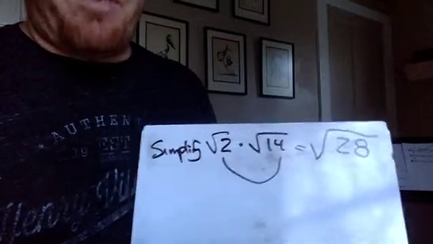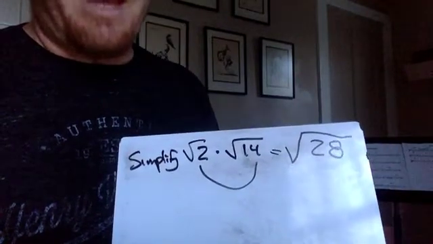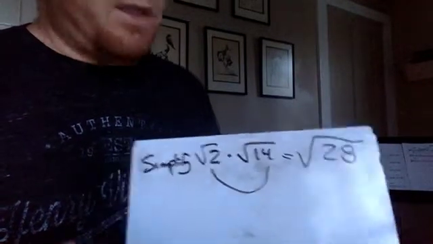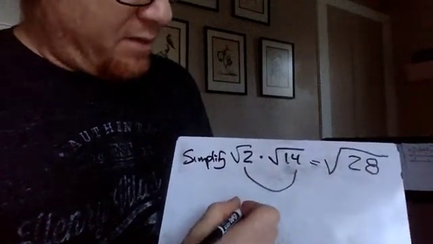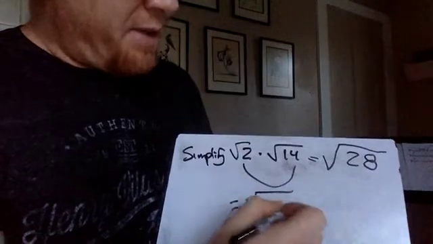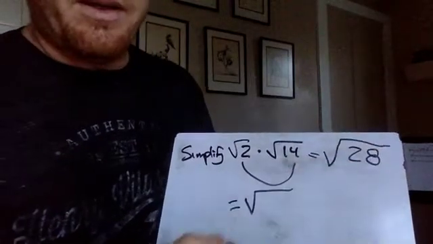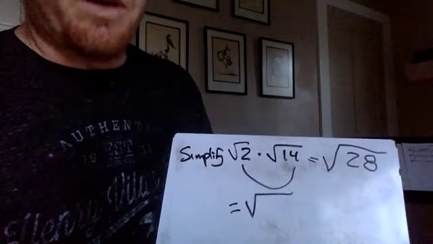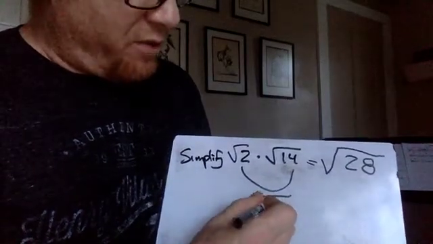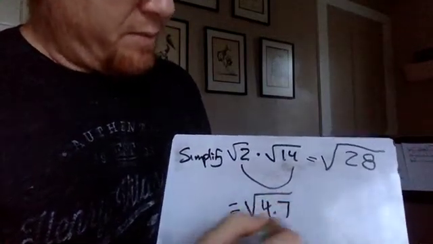And then at that point, once you have that, you can simplify it. So if I have the square root of 28, I can break that up into anything with a square number in it. So I can turn this into 4 times 7.